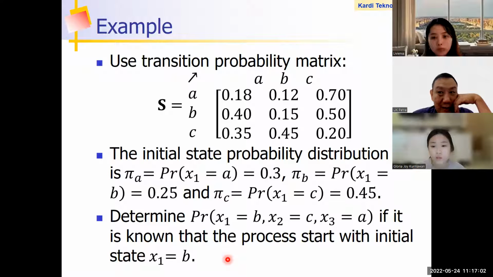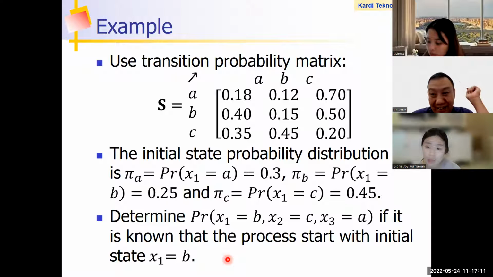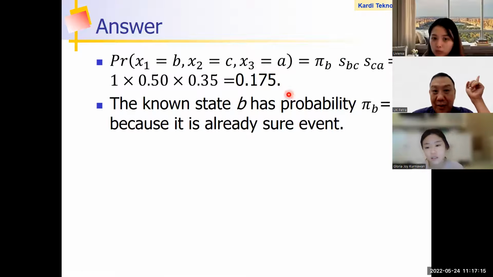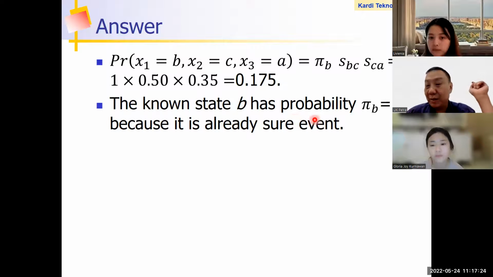So we don't need to use the 0.25 like before; now it's just fixed, one. So that's exactly the same as the previous example. The only difference is now phi b becomes 1.